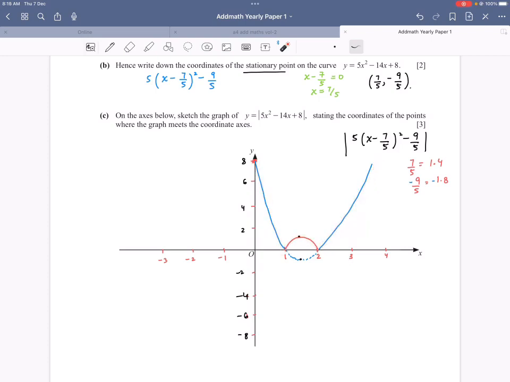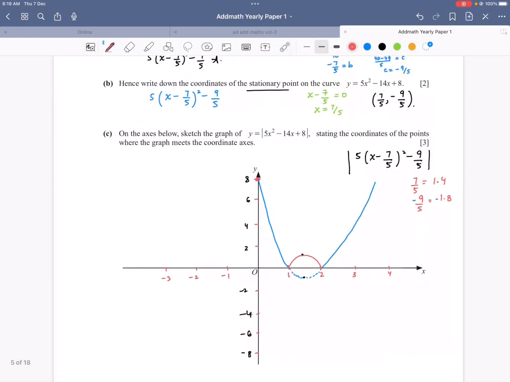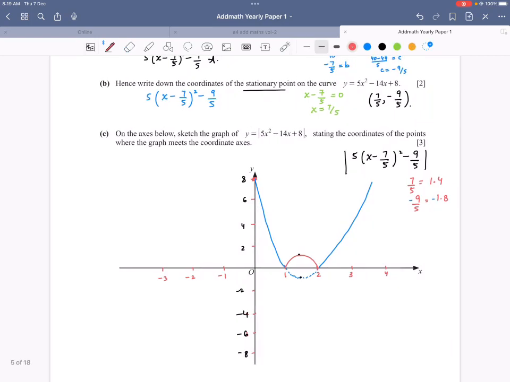That will be the behavior of the graph, but I'm going to find out the values on the x-axis. So we have the equation derived in the second part. It's 5 times x minus 7 over 5 whole square minus 9 over 5 equals y, right? When y is 0, what will be the coordinate for x?